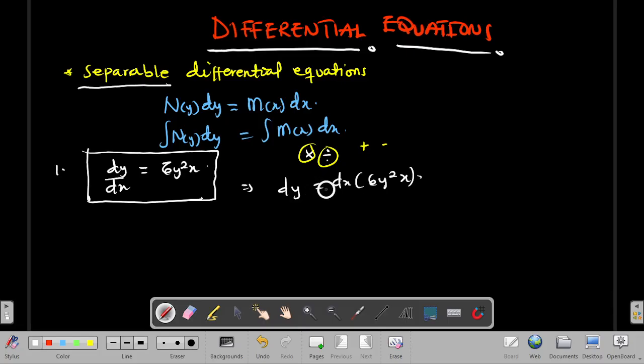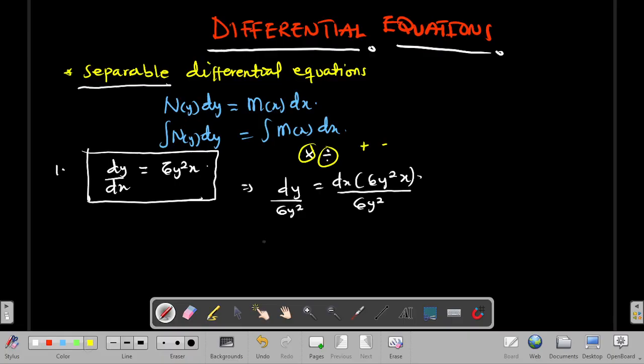The goal is to group all y's on one side attached to the dy and to group all x's attached to the dx. So the dy and the dx remain as they are. But we have to make sure each variable here moves to the corresponding dy or dx. Because of that, I need to get rid of the y on my left side by dividing through by 6y squared.